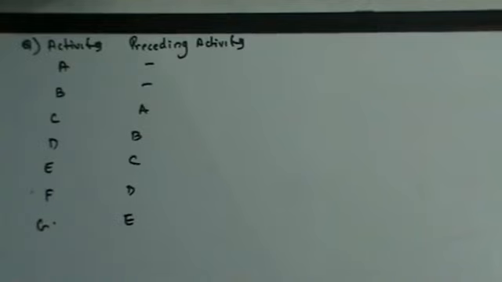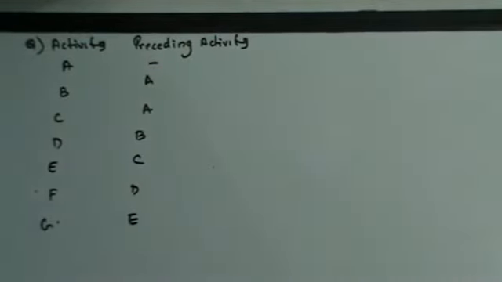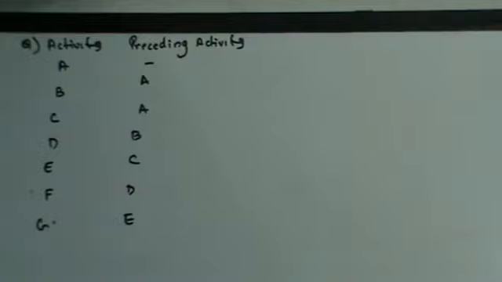Let's try to see the diagram for this. This is A, so both are preceded by A. You have activity A.